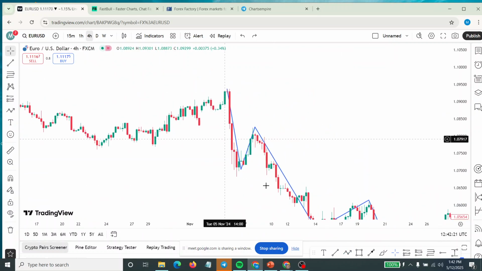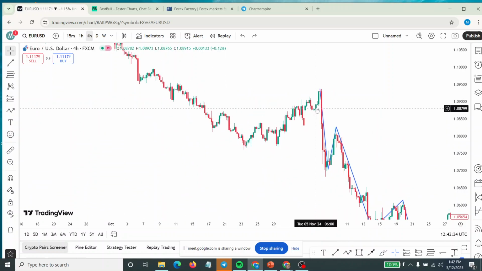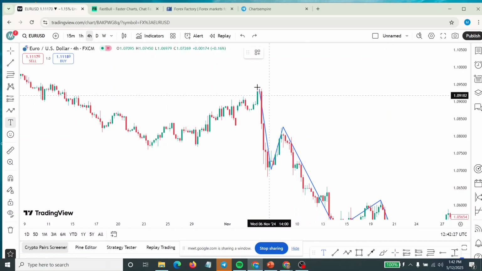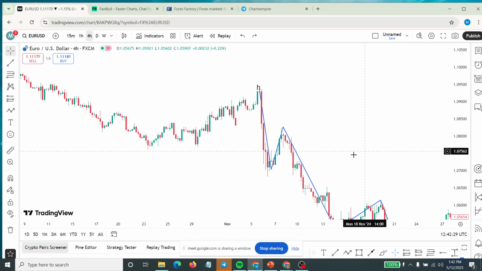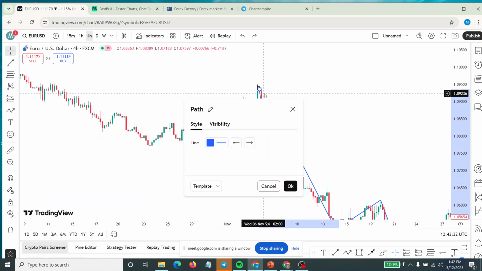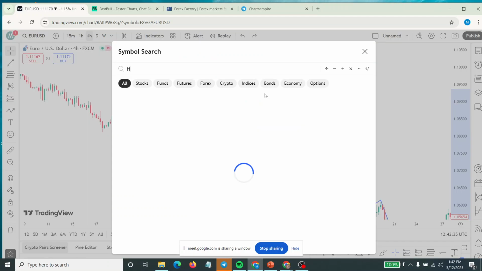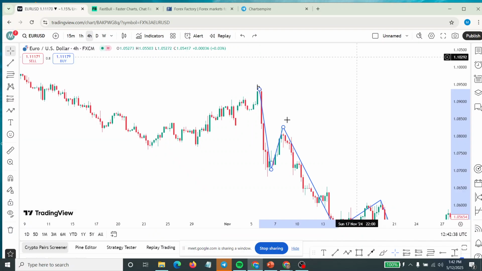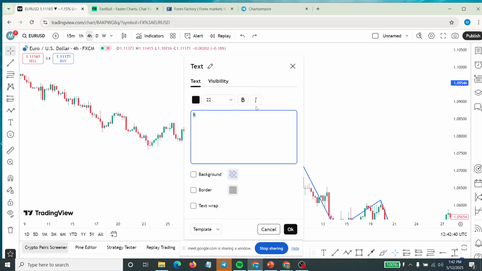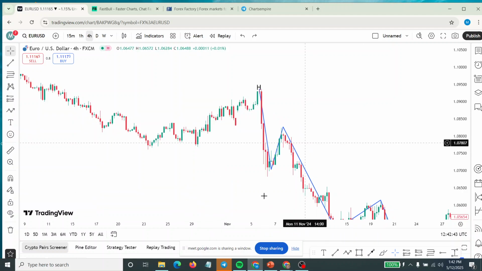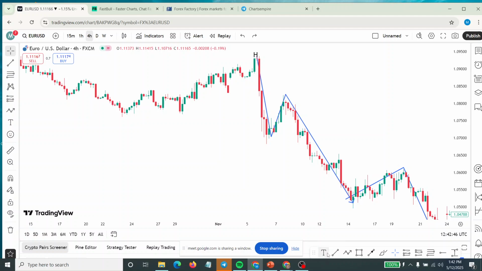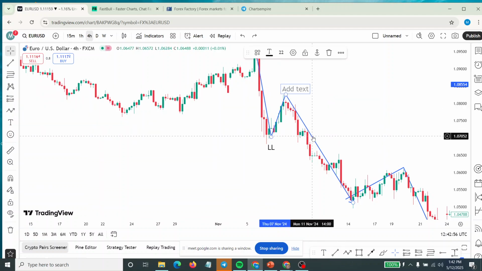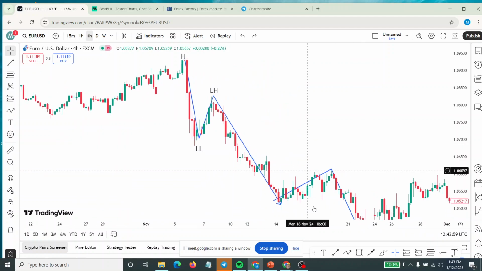So now look at this. With this market, we have a high here, and a lower low here. We have a lower high, right?